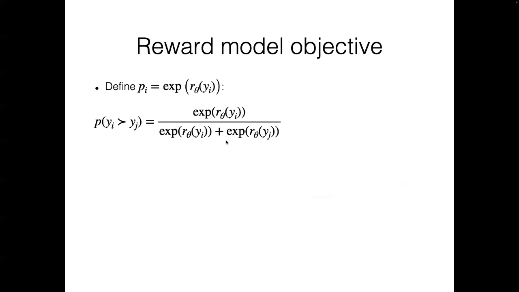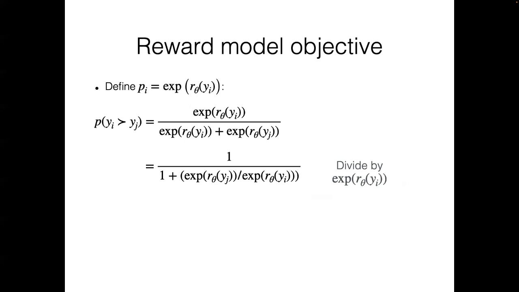So now we can do a bit of rearranging to get it into the final loss form. So first we can divide by this exp of r_theta of y_i. So this turns into 1, this turns into 1, this turns into this here. Then we could rearrange this a bit.